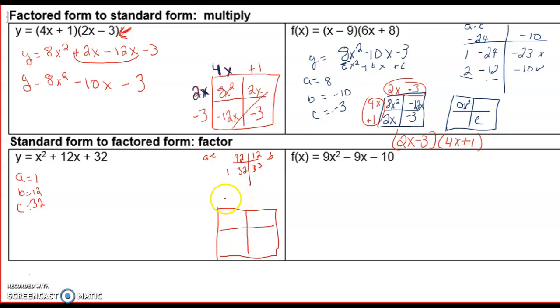Let's pick it up a pace. What else can you think for the factors of 32? Come on, guys, 32. What about 2 as a factor? All right, 2 and 16. Do they add together to get 12? Nah, they add together and get 18. What's another one?